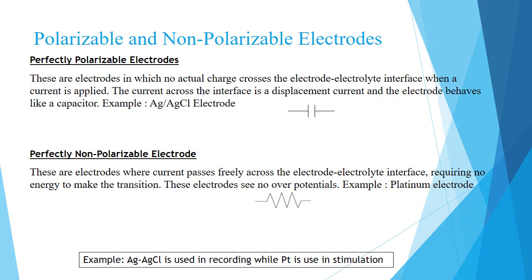Here, the silver chloride electrode is given as the example, which is used for recording, while the platinum electrode is used in the stimulation process.